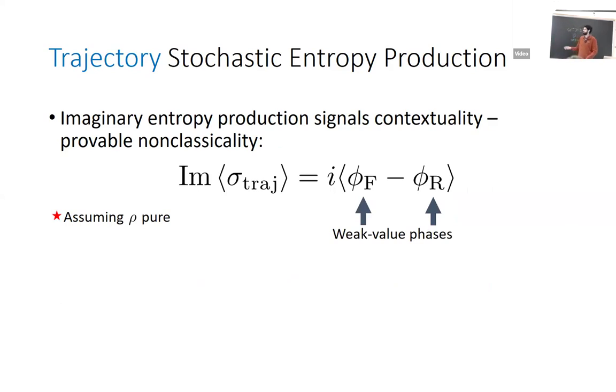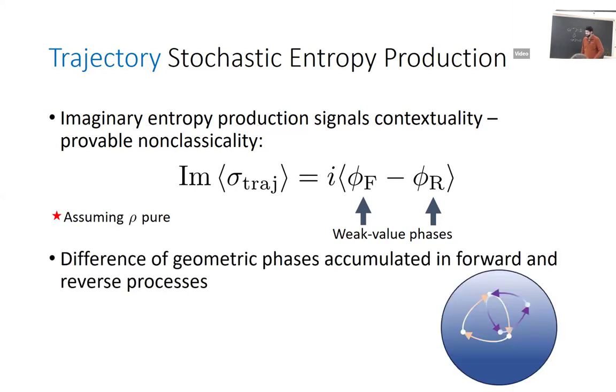Without getting too much into the details, a weak value is a number we can get out of an experiment, which is very closely related to the weak measurements I talked about earlier. But really, I think the easiest way to think about this term is geometrically.